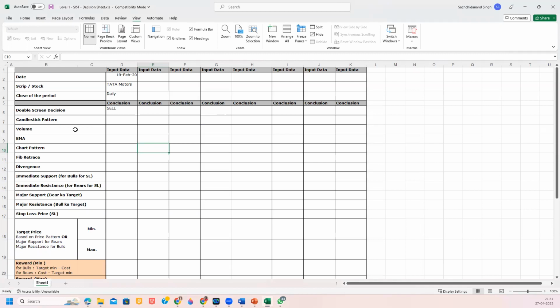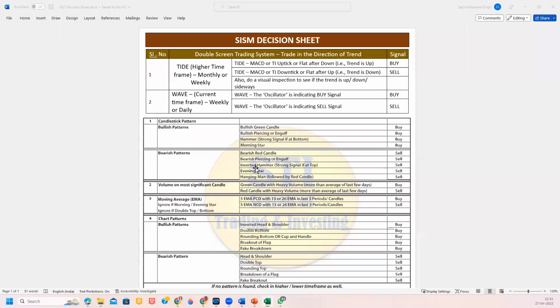Now the third thing we need to check is the candlestick pattern, and I think this is the first concept we learned about candlestick patterns. The main thing is to check whether that particular candle is bullish or bearish. If it is a bullish candle, then we need to check whether any one of these combination candles is bullish, otherwise bearish.